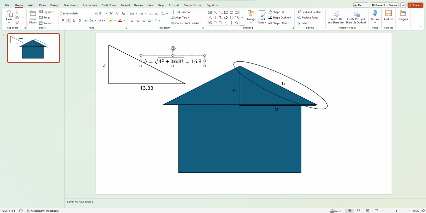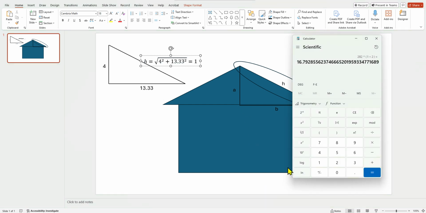And so now this number changes to 13.33, and this number is going to be very different. So let's go back to the calculator. 4 times 4 plus 13.33 times 13.33 equals 194, let's call it. Okay, so we're going to say 194 raised to the 1/2.